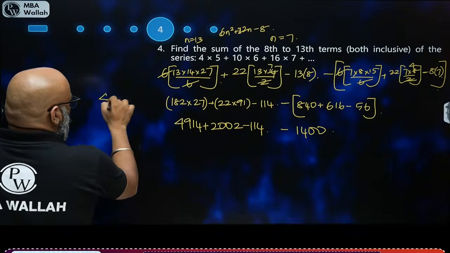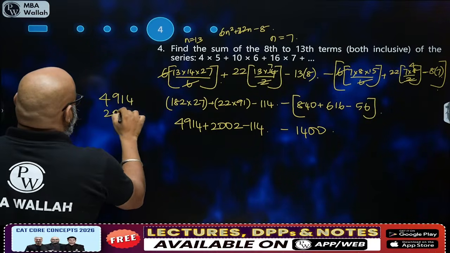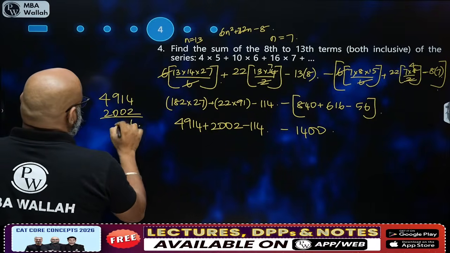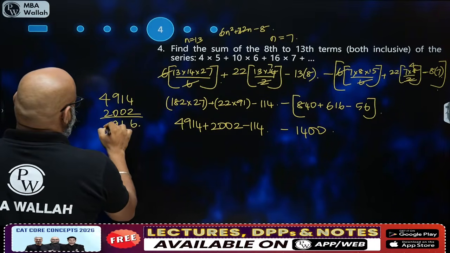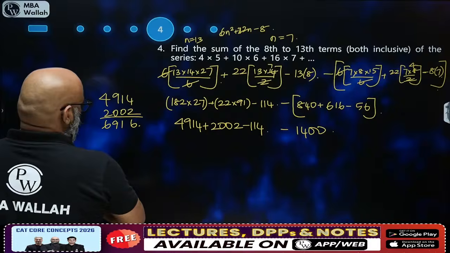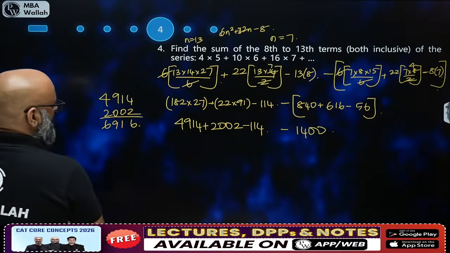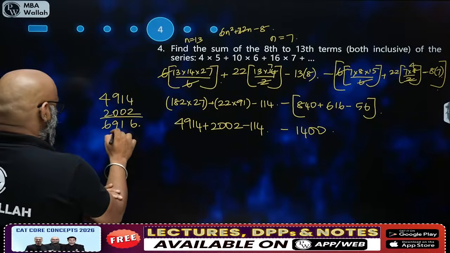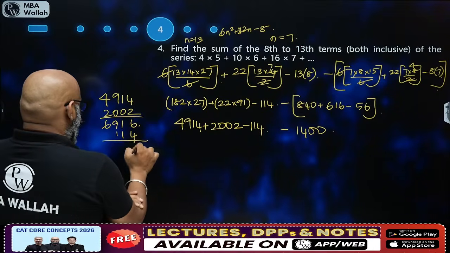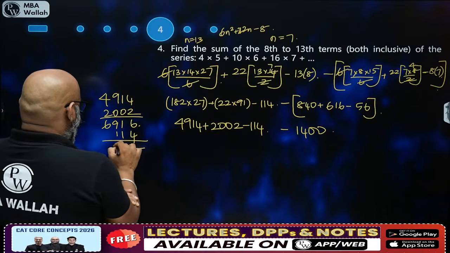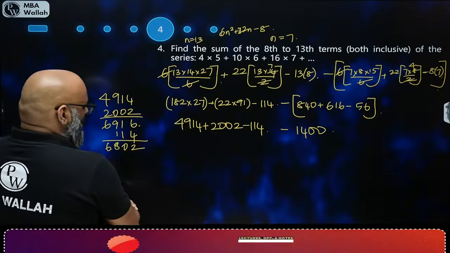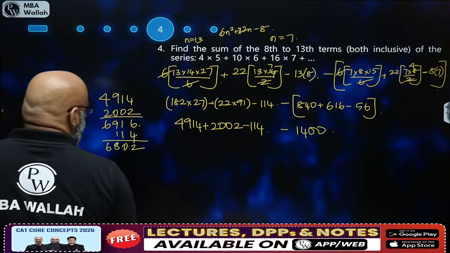Tell me, 4914 plus 2002 is 6916, minus 114. Are we getting 6802? Yes.